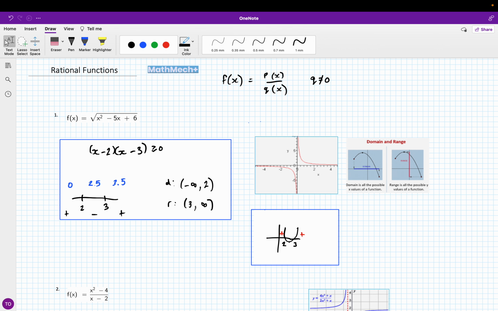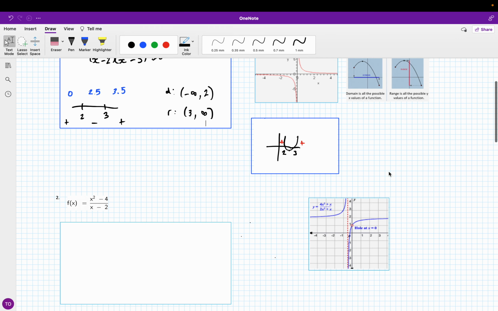You'll have coefficients with variables, so 4x with a square or beyond as well. So operators too. So 4x squared plus 3 all over 3x minus 7, and so on. So you'll have more complicated questions like that. The domain is the possible values, so x values, along the x-axis on the graph. And the range are the possible y values of a function, which would be along the y-axis.